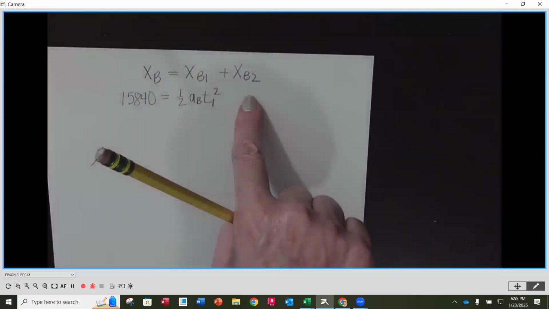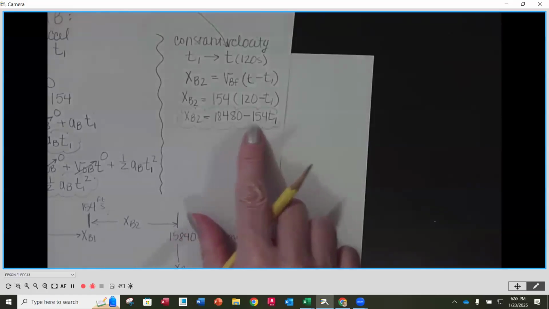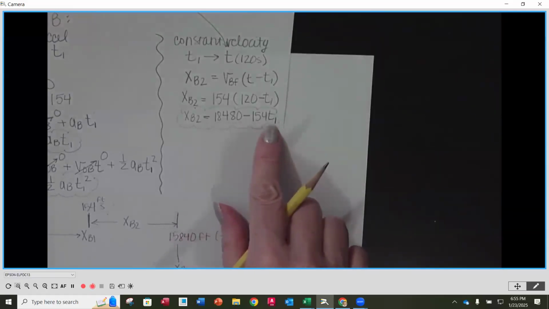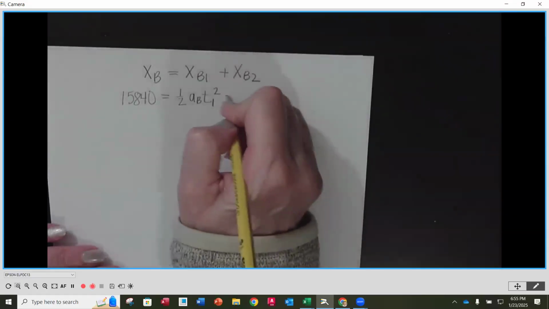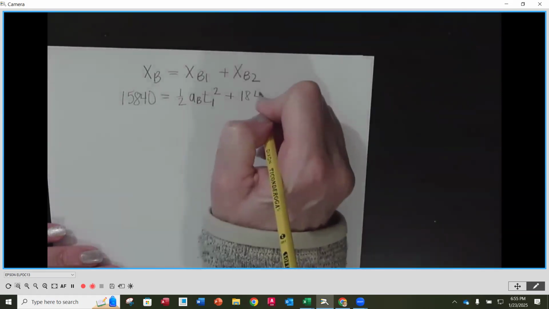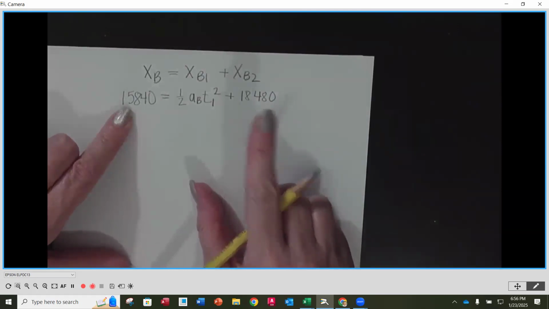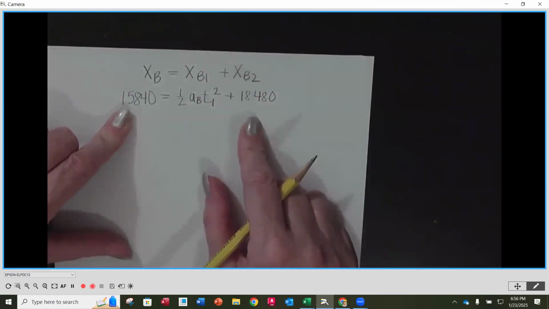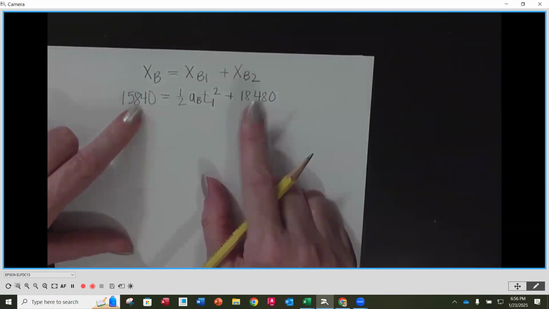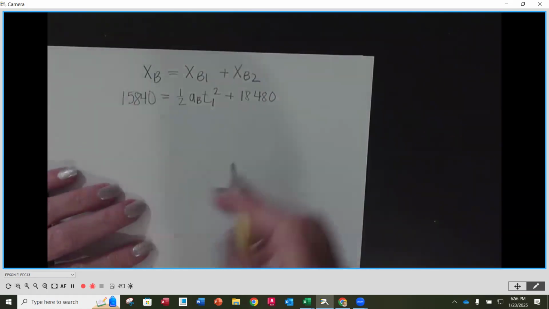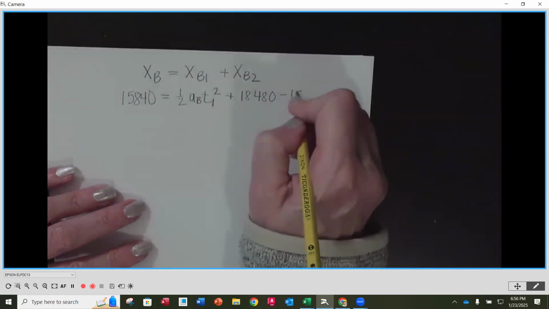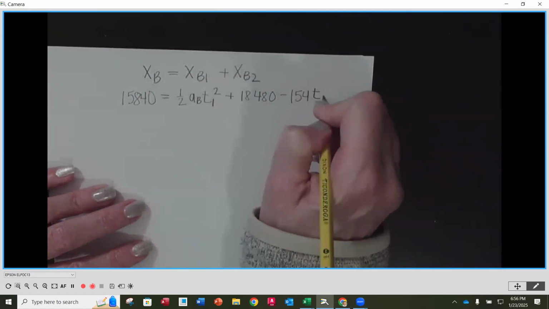Plus our XB2, which is this part right here, so plus 18,480. Be careful: 15,840 and 18,480 are just a little too close for me, so be careful not to mix those up. Minus 154 T1.